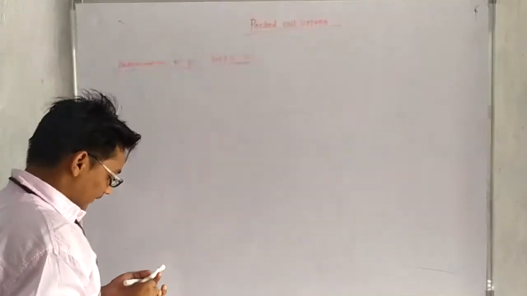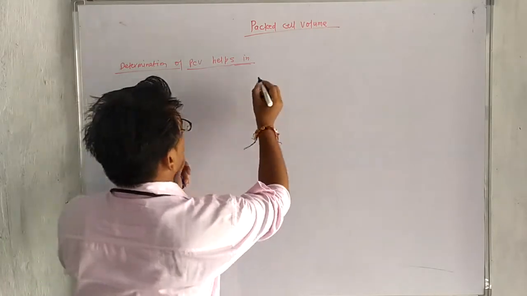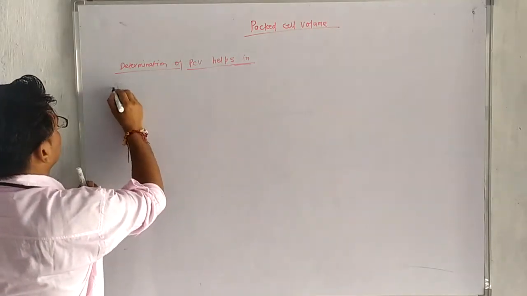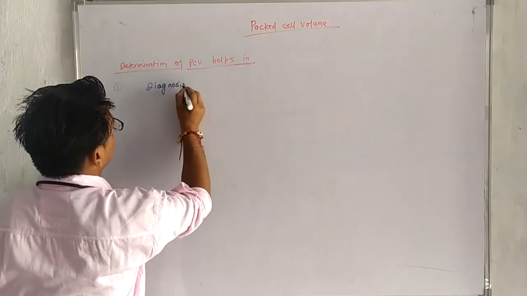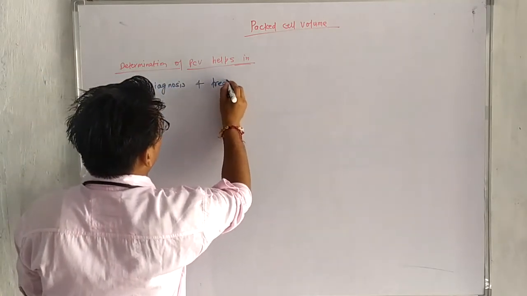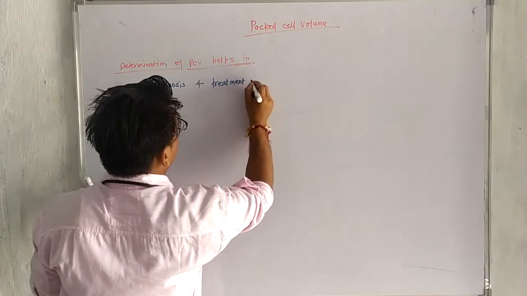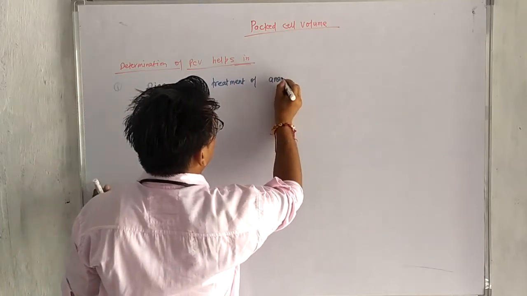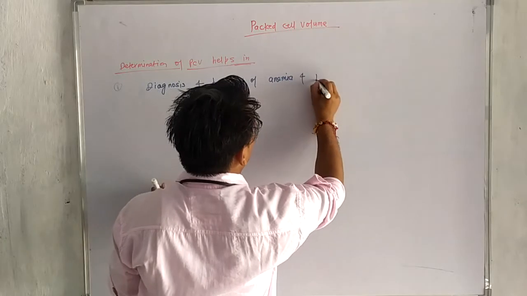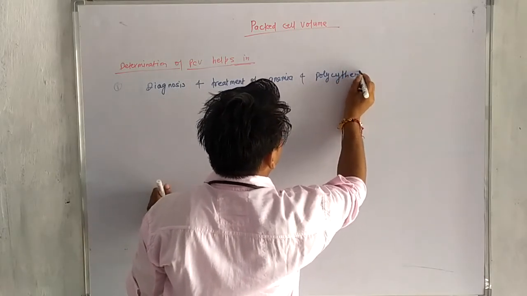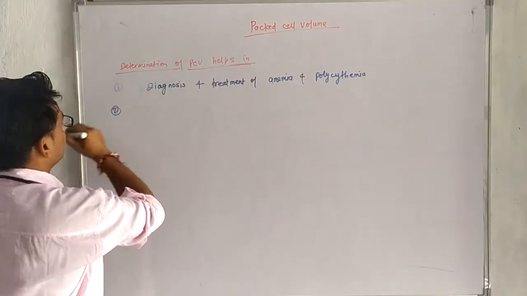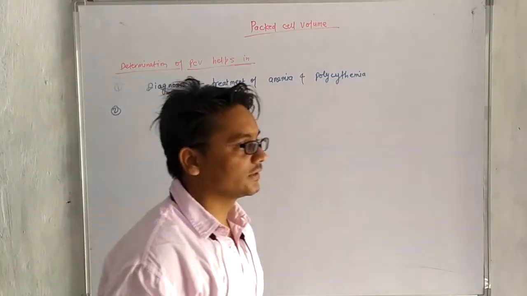First, diagnosis and treatment of anemia and polycythemia. And second, decision of blood transfusion.